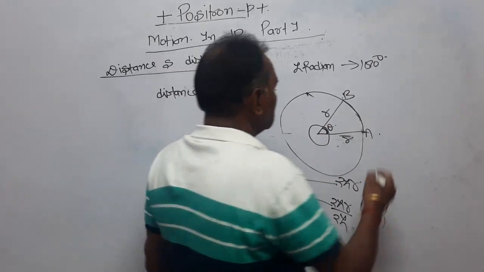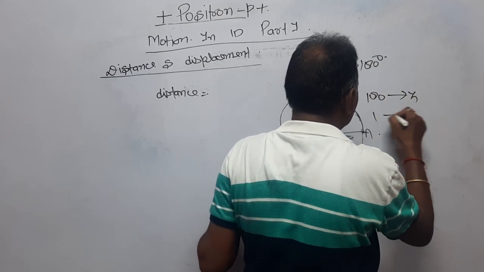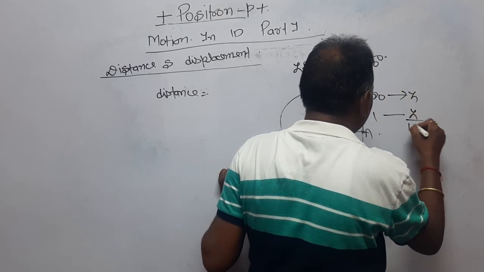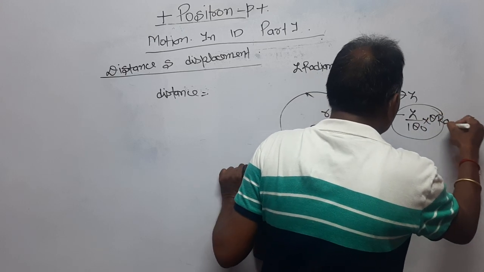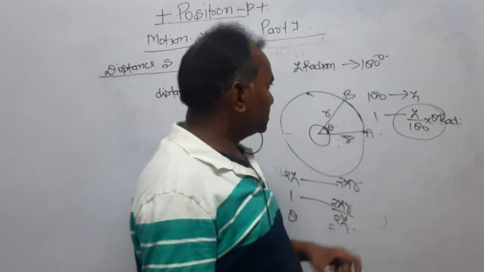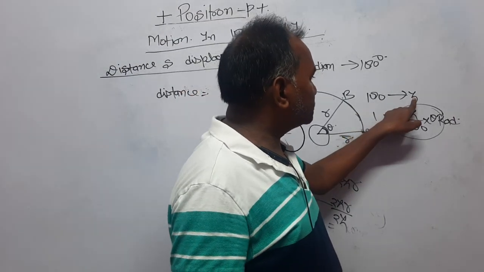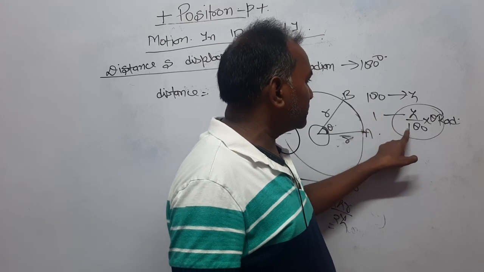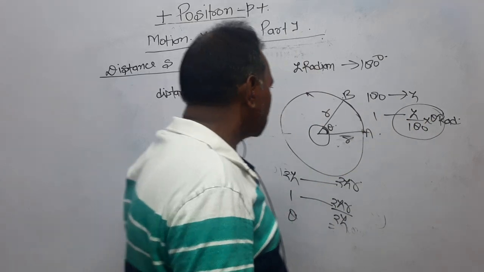And how? 180 degree is pi radian, so 1 degree is pi upon 180, so theta degree is pi upon 180 into theta radian.